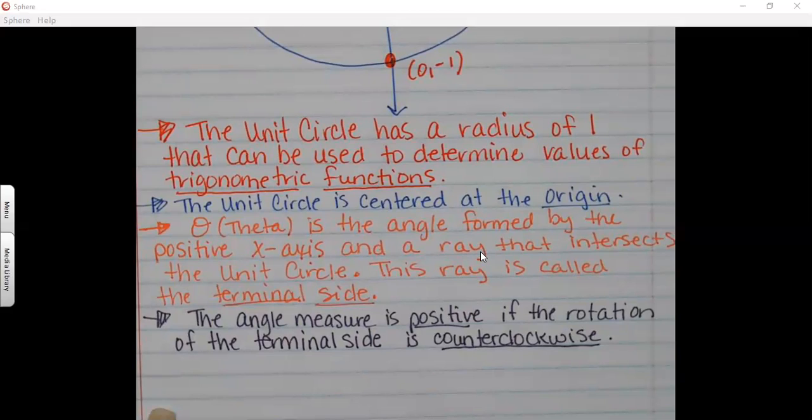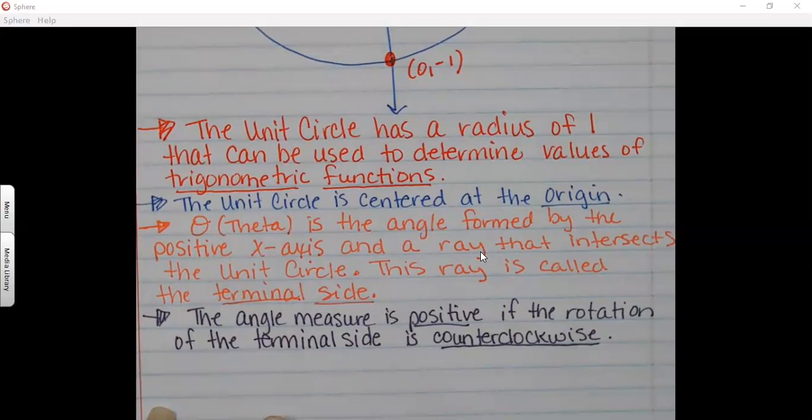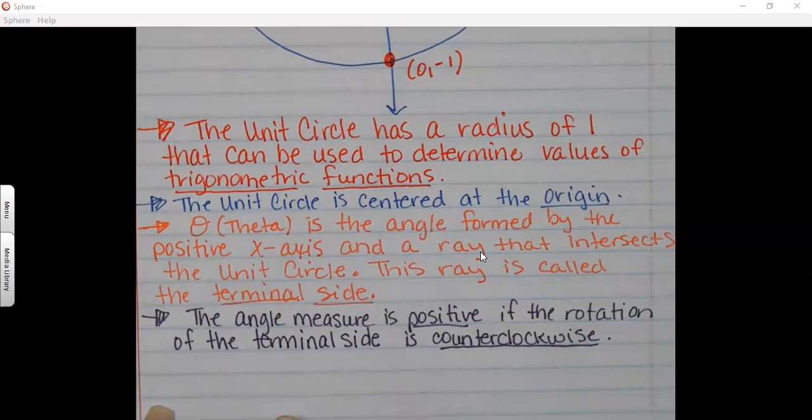So generally in a unit circle, normally we're going counterclockwise. That makes a positive angle, okay? But you can go clockwise, and when you go clockwise, guess what? You're going to have a negative angle measure, which is the next thing I'm going to write.